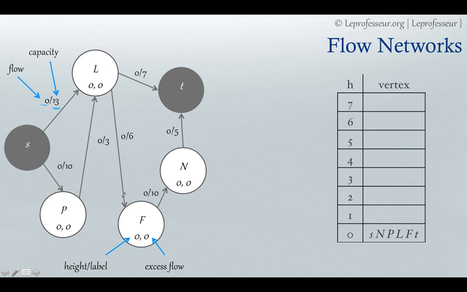I'm using one more convention on each node: there are two numbers separated by a semicolon. The first number is the height or the label of the node, and the second is how much excess flow is on that node.